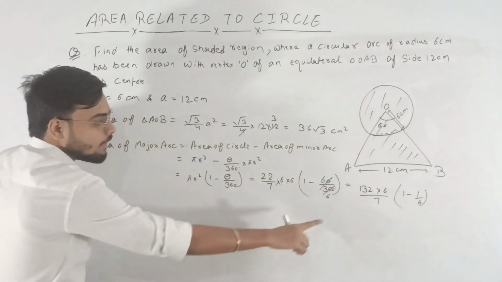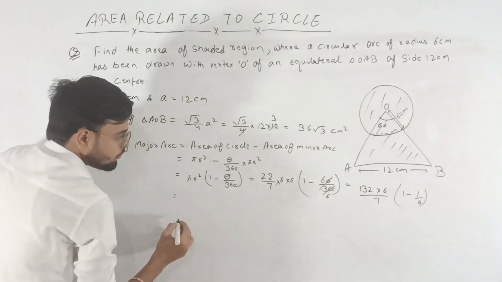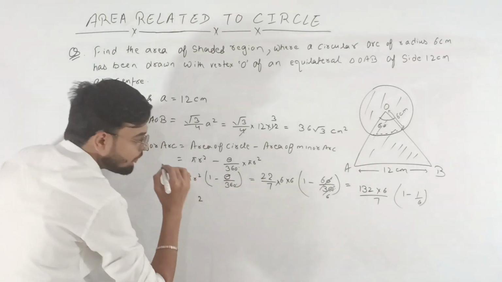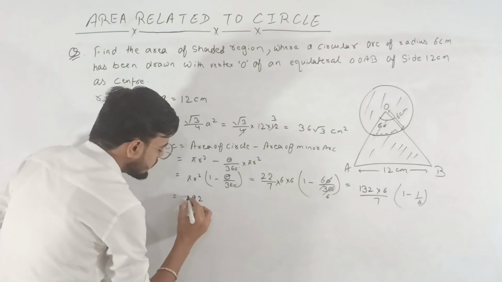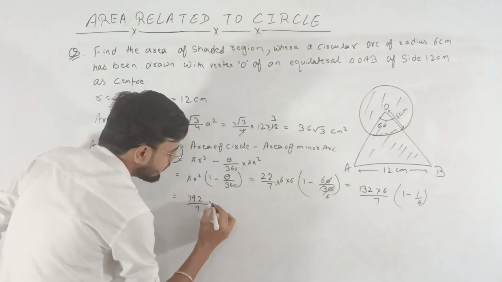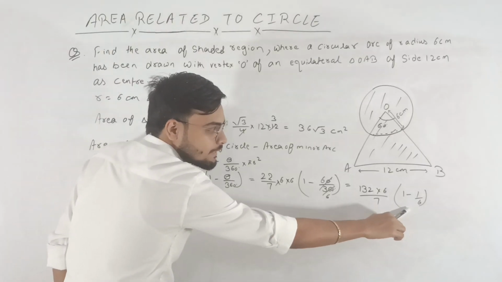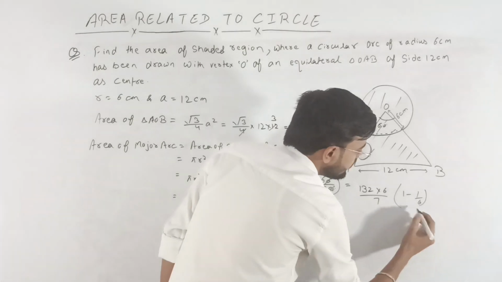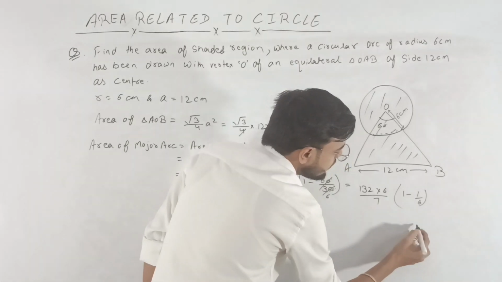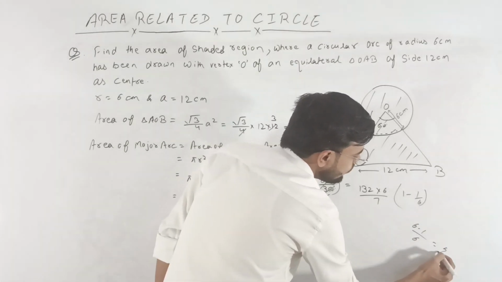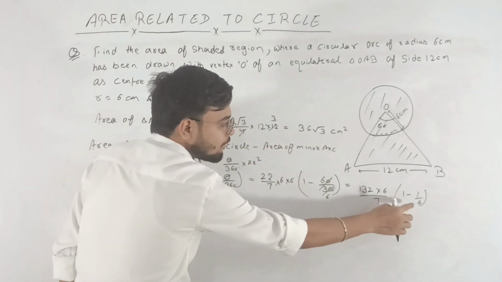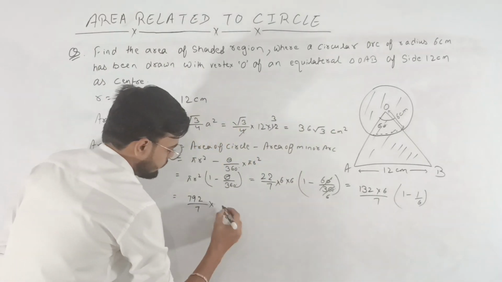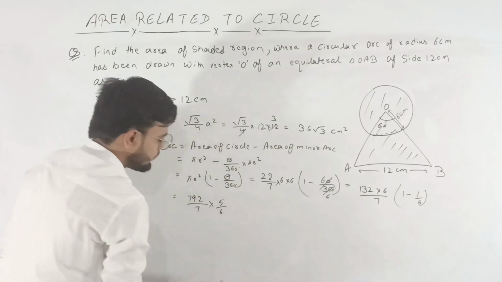So now 132 into 6 is what? 792 upon 7 into. So now look, we take the LCM. The LCM is 6. So 6 minus 1 is equal to 5 upon 6. So after subtracting 1 upon 6 from 1, we get 5 upon 6.